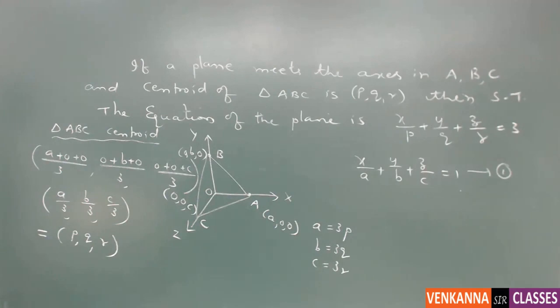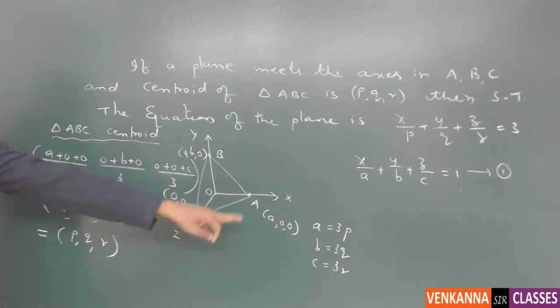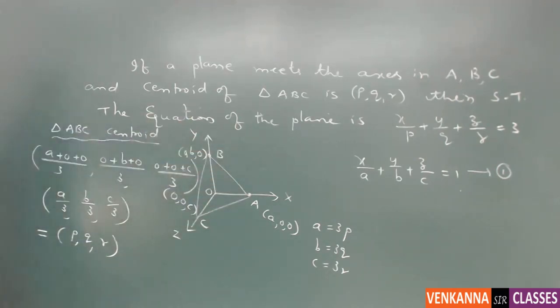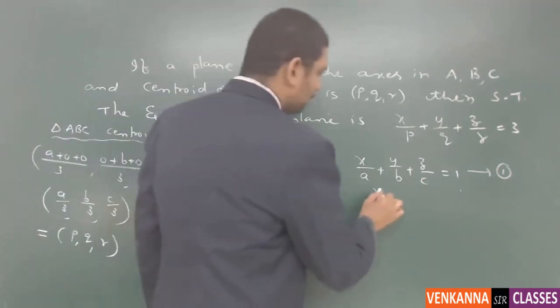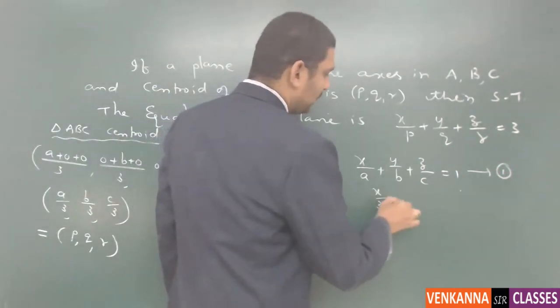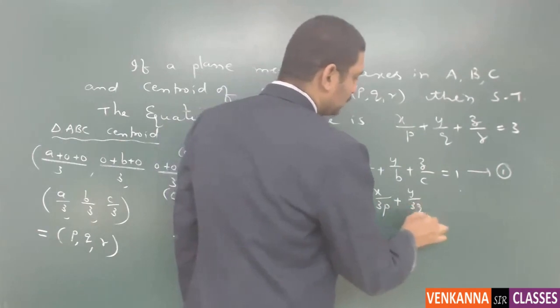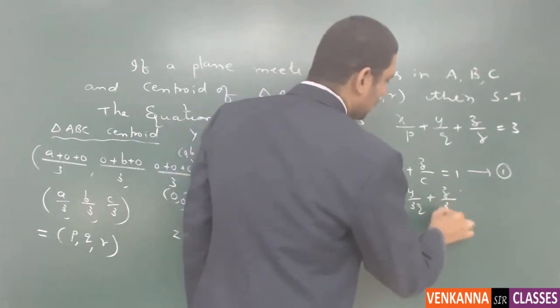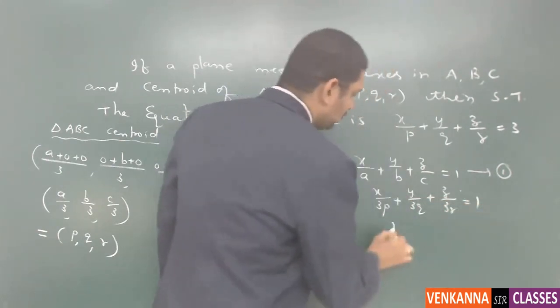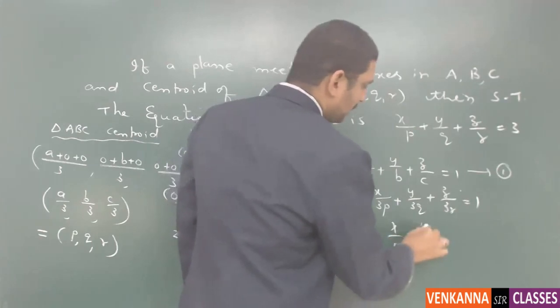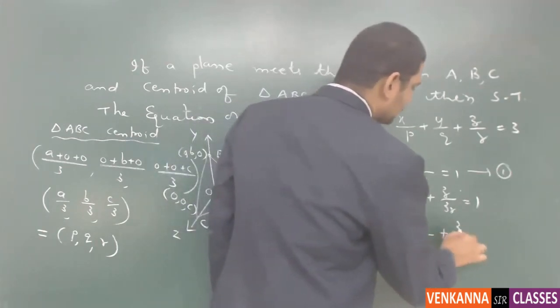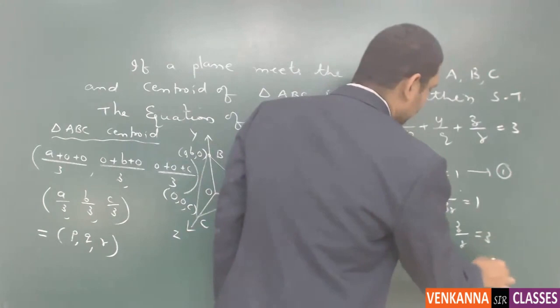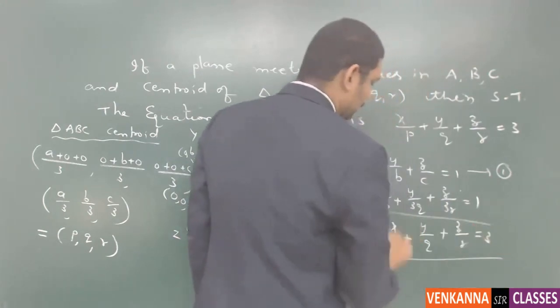Any questions? So let us substitute the values of a, b, c in the plane equation. So you have x by 3p plus y by 3q plus z by 3r is equal to 1, which gives that x by p plus y by q plus z by r equals to 3, which is our solution.